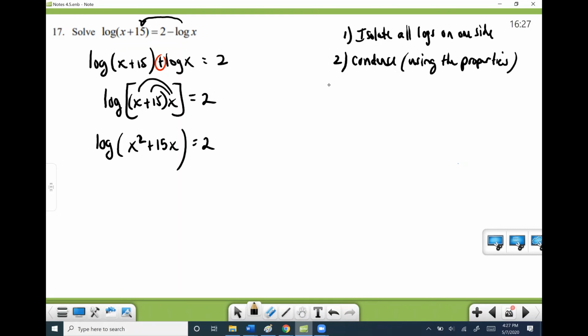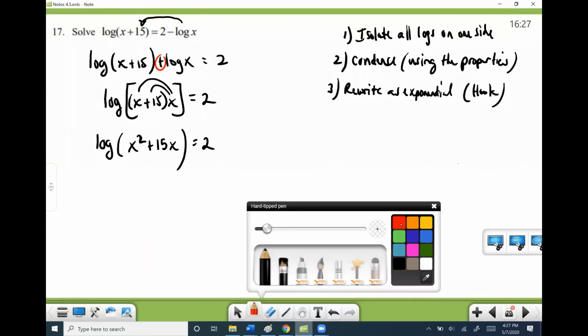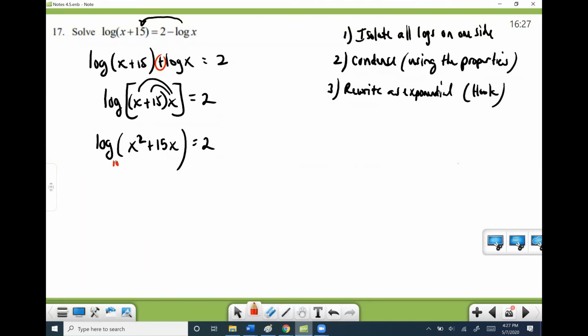Okay. Step 3, rewrite as an exponential using the hook. Our base isn't there, but we all know that our base is going to be 10 on this one.